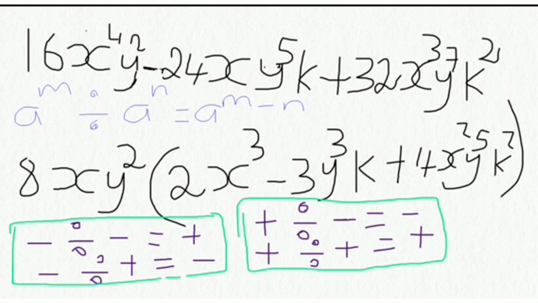Let's move to the third term, and it's our last one. 32 divided by 8. Positive divided by positive, the answer is positive. Positive 32 divided by positive 8, the answer is 4. And then we move to variables. This variable x.